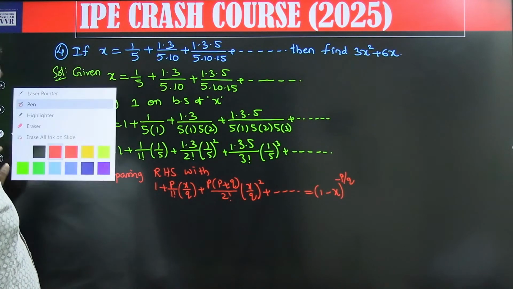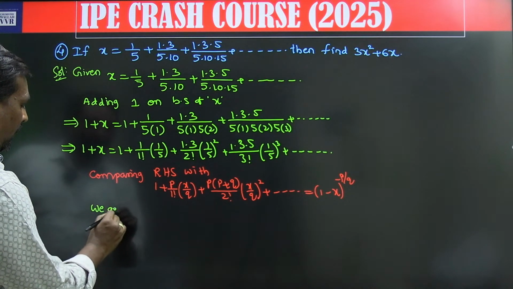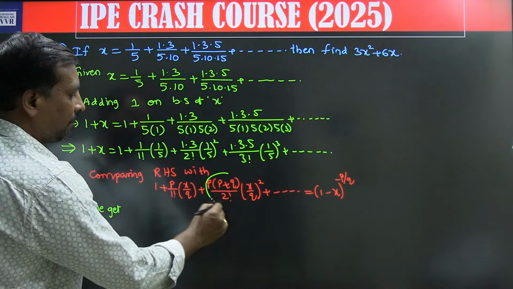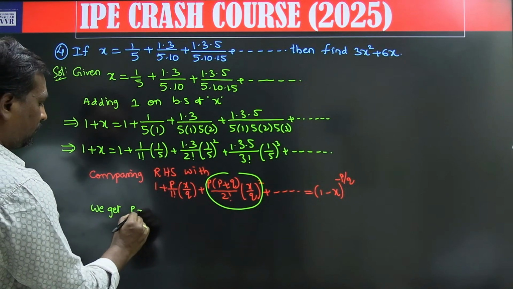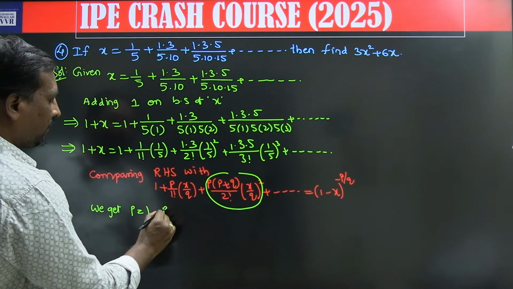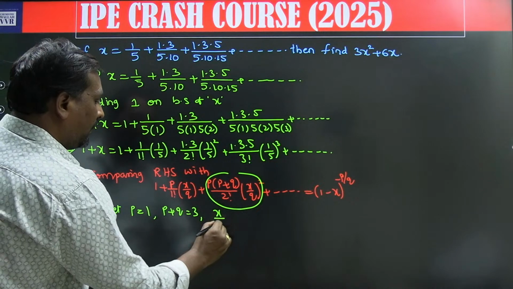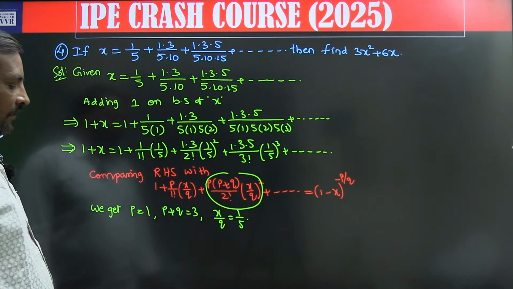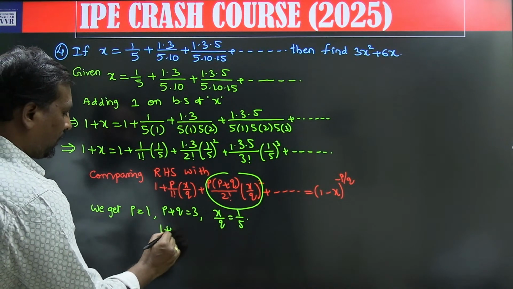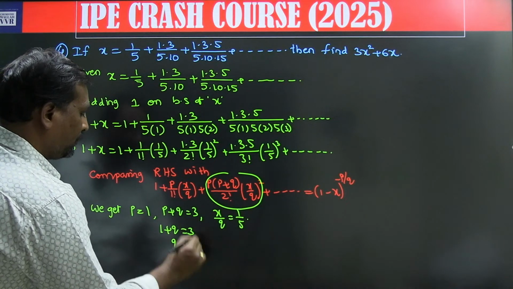What we get? Comparing the second term, p value is 1, p plus q is equal to 3, x/q is equal to 1/5. So 1 plus q is equal to 3, so q is equal to 2.